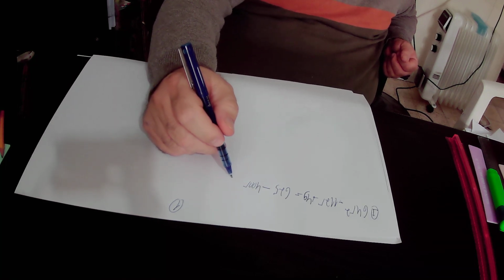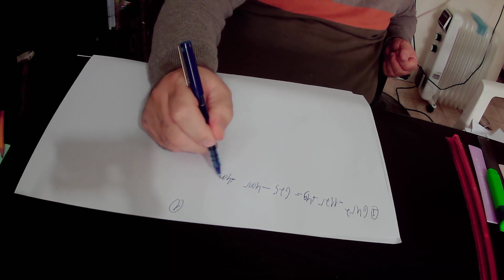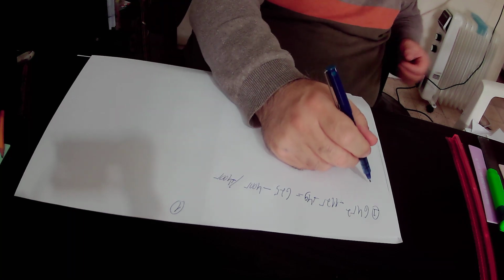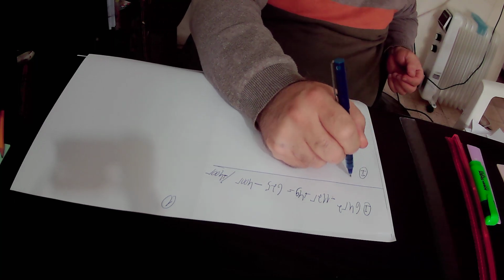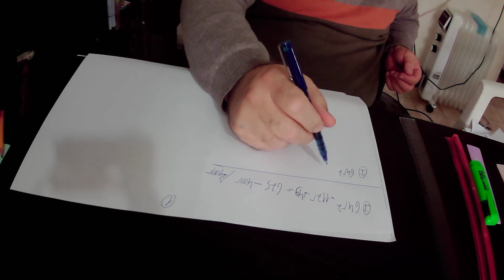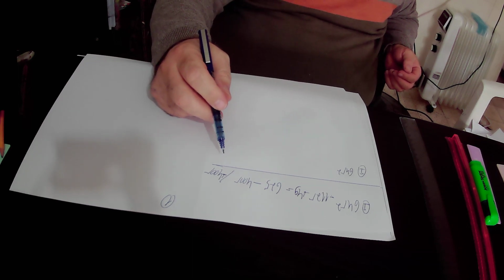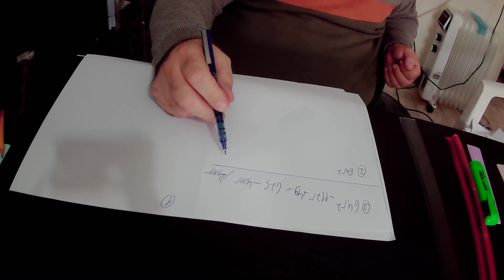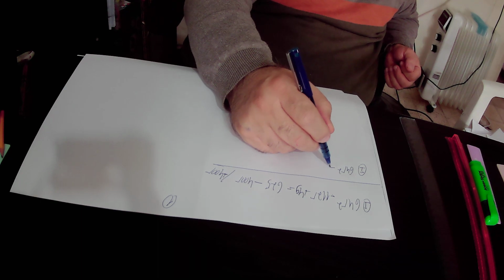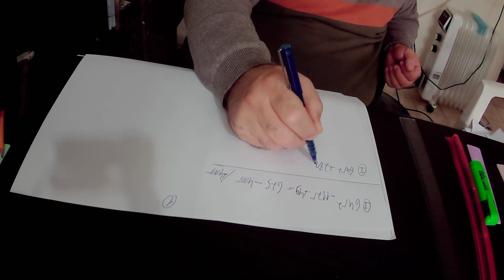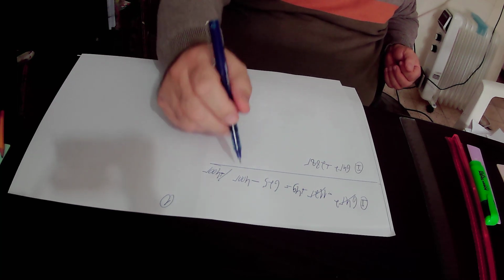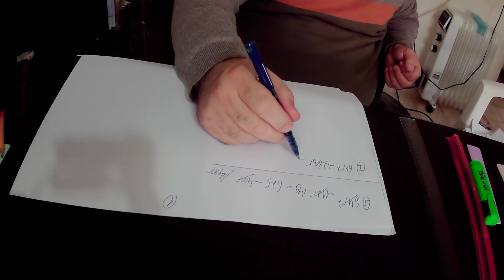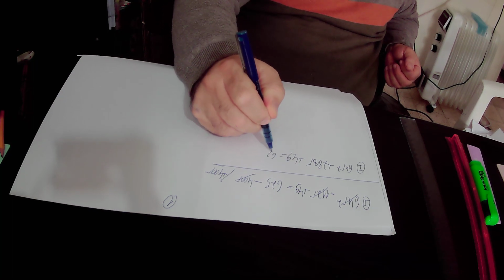We'll add 400r to this equation, equation number 1, and we get 64r squared, and 400r minus 112r is plus 288r, plus 49 equals 625.